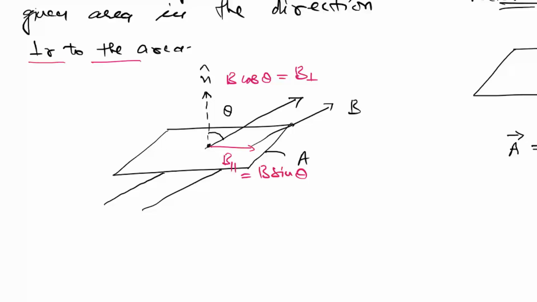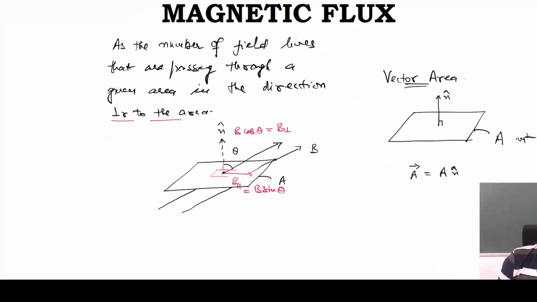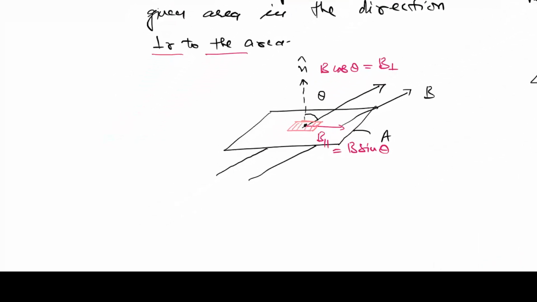So considering this idea, just like we have described the idea of electric flux, if I want to calculate the magnetic flux through a small elemental portion, let the area of this elementary portion be dA, and this normal is the same corresponding to this area also.